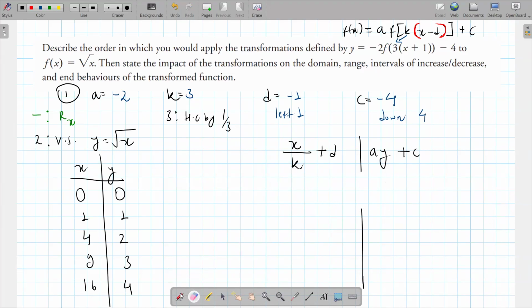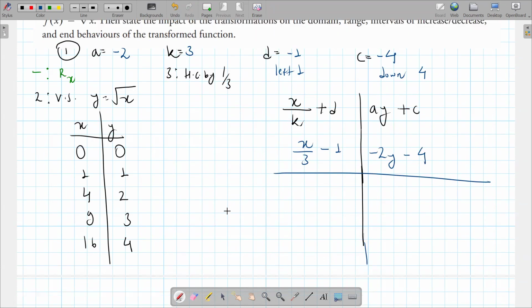So what we're going to do is we're just going to plug the numbers in. So x over k, so x over 3 plus d, so minus 1, and ay plus c, so what's our a value? Negative 2y minus 4, right? Like that. So from here, we're going to plug this value of 0 in here as x.